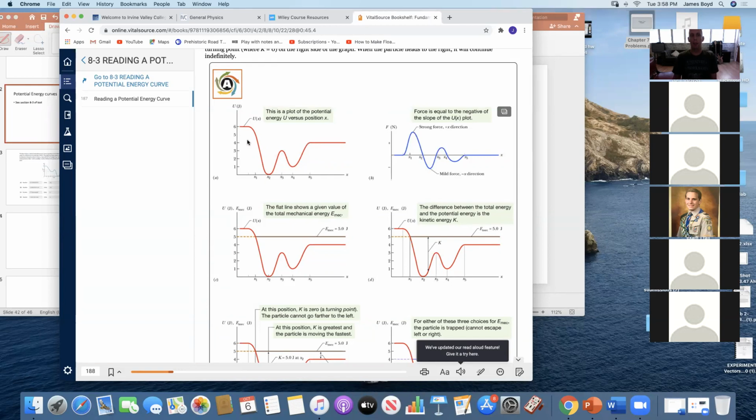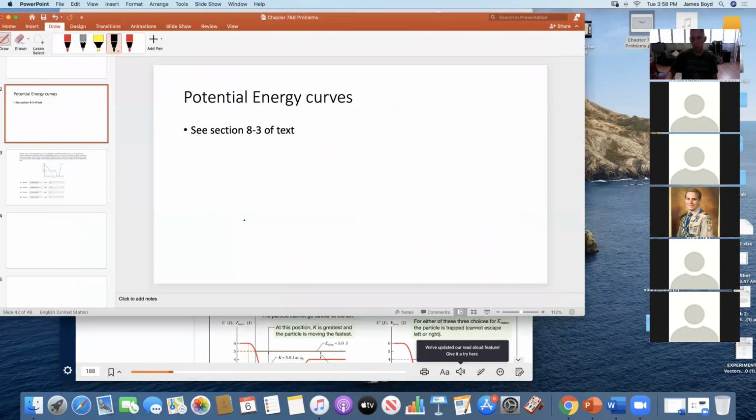Where does it end up over here? Well, mechanical energy is the kinetic energy plus the potential energy. So what that means is it's mv squared over 2 plus, let's say, mgh if it's gravity. And the total of this energy is always a constant. So let's say we know that it's 5 joules.